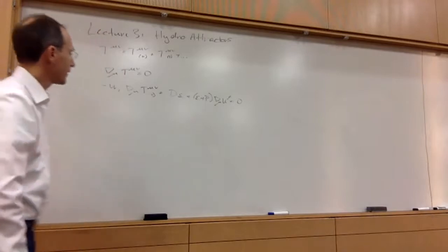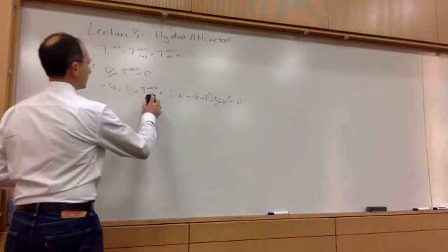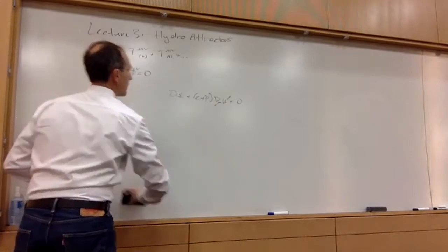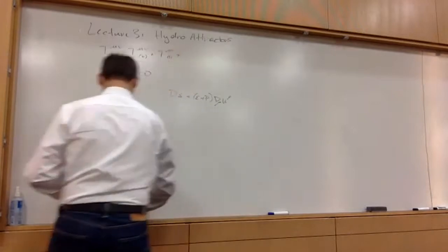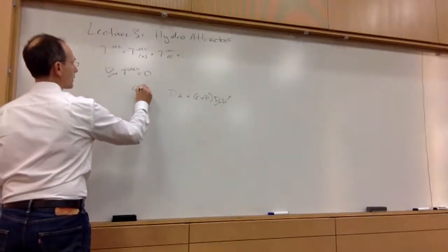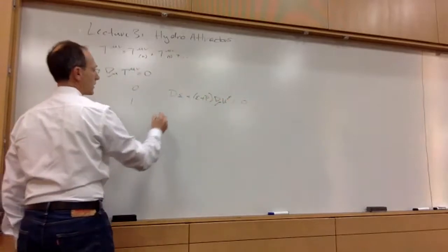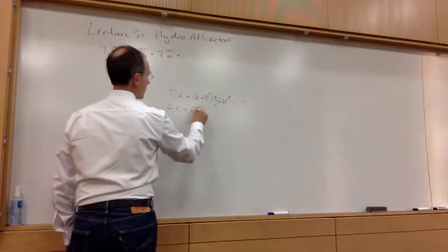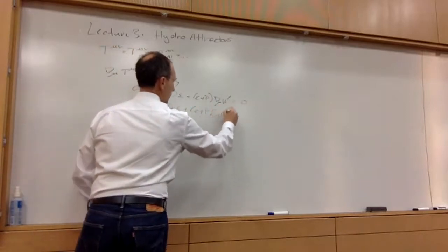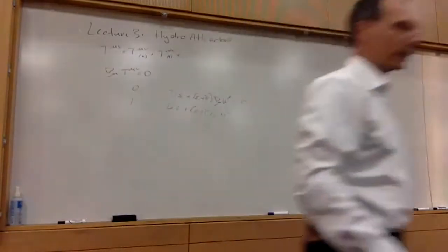The last thing I want to say is, let's do this step by step. This is zeroth order hydrodynamics. If we do first order hydrodynamics, you get the same left-hand side, but there is something non-vanishing on the other side.